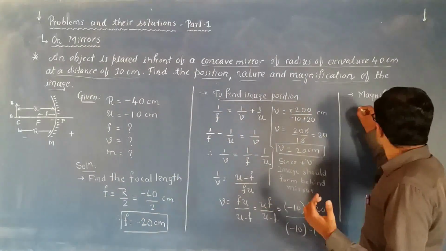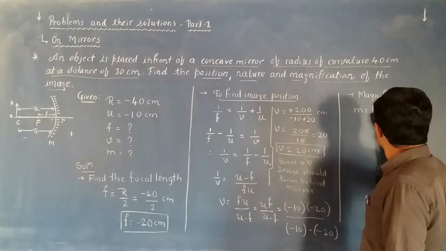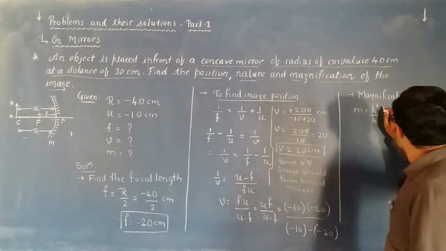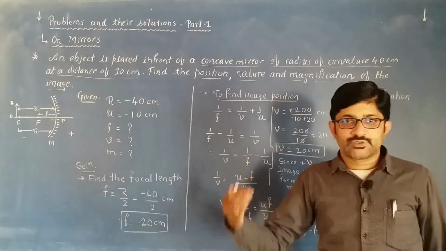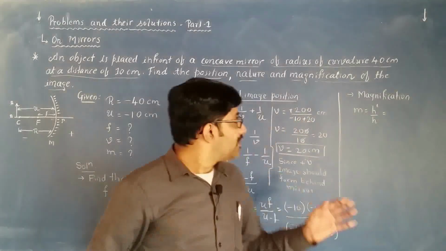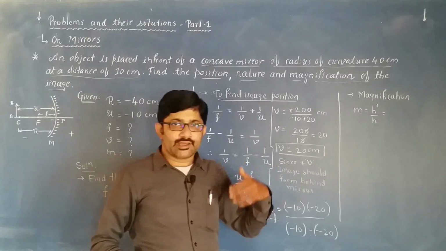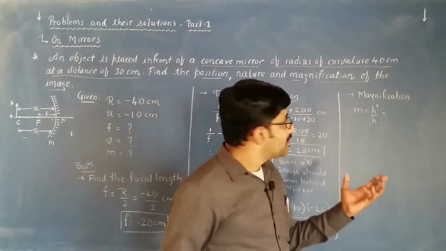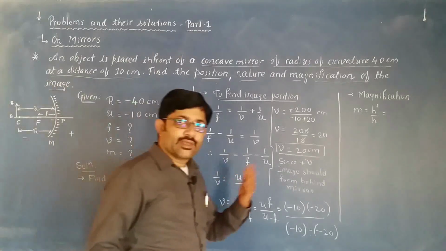Therefore, it can be written as h dash upon h, that is the normal way of writing the magnification, the height of the image divided by the height of the object. Here they did not give h, and hence we are not bothering too much, since we have object and image distances.